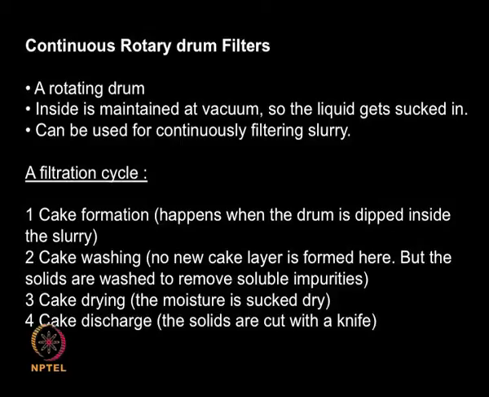So you have pure solids stuck on the top, and then that solid is scraped and collected, and then again the drum, which is free from the attached solid, once again sucks in the liquid, and the solids in the slurry get attached to the surface. So this process keeps happening continuously. So I can filter a slurry continuously, and I can collect wet solids continuously.